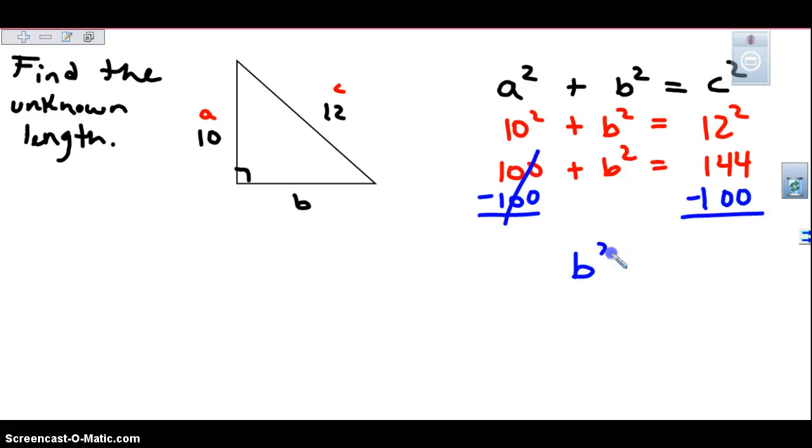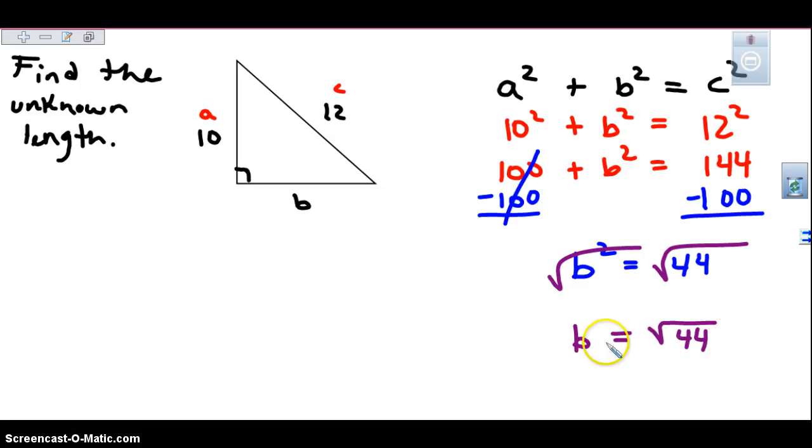So now we've got B squared is equal to 44. So how do we get B by itself if we have squared? We have to take the square root. The square root of B squared is B, and what you do to one side you do to the other. So B is equal to the square root of 44.